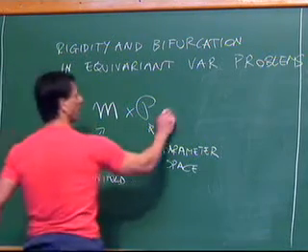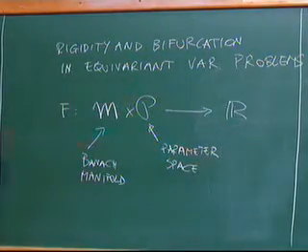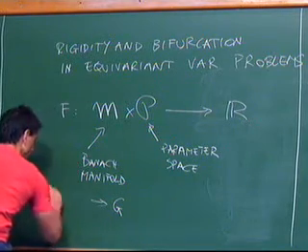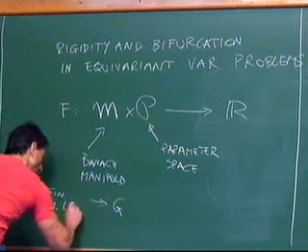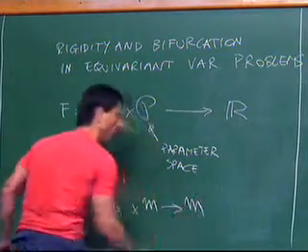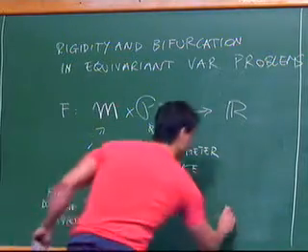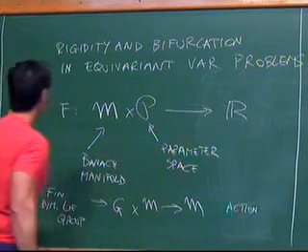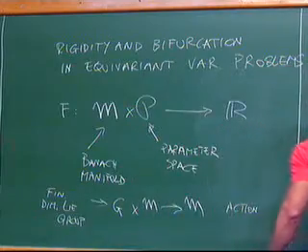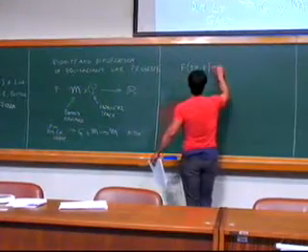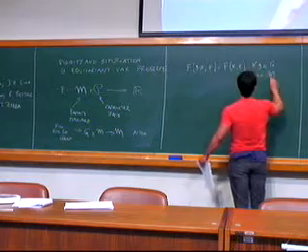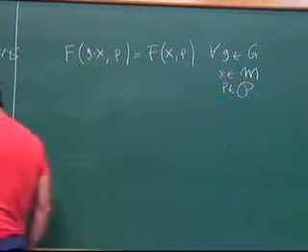Then I have a smooth function f, and G is a finite dimensional Lie group that acts on M, say on the left. This is an action, in such a way that f is invariant by the action of this group. That means f of g times x, p is equal to f of x, p for all g in the group, x in M, and p in the parameter space.